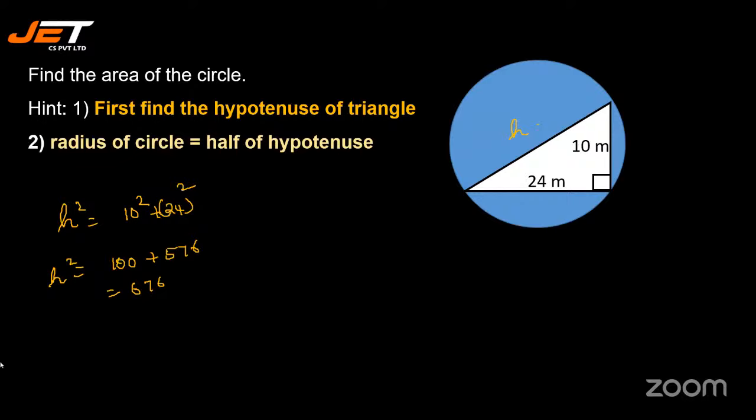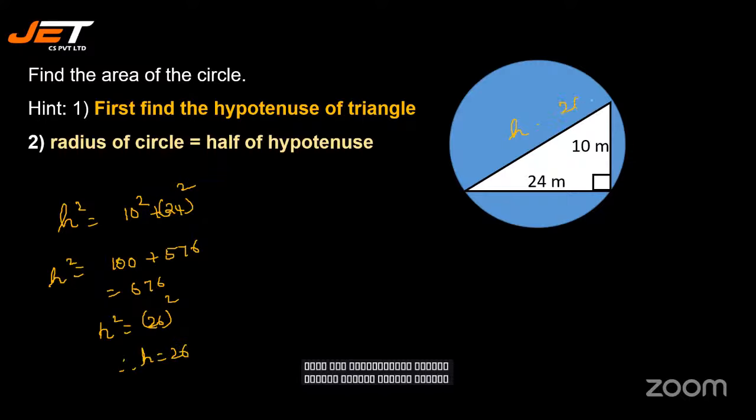So square root of 676 is 26, the whole square. So here, what is h square? 26 the whole square. Therefore, your hypotenuse is 26. So here we are getting it as 26.